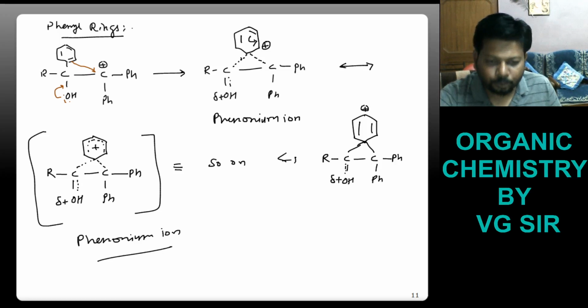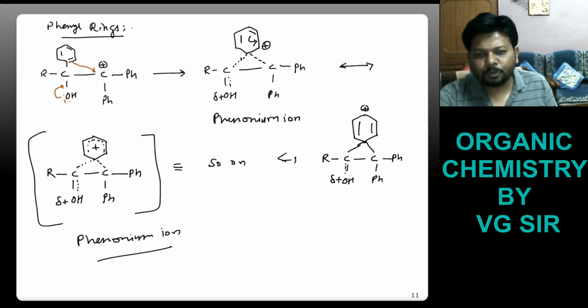The same thing is happening in this case also. The migratory group is not detaching from the migratory origin, and it is also bonded with the migratory terminus. Is that clear?